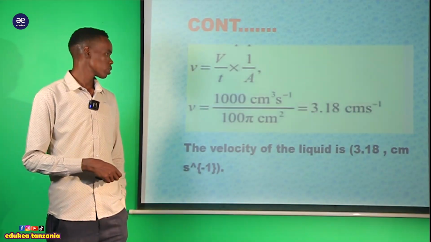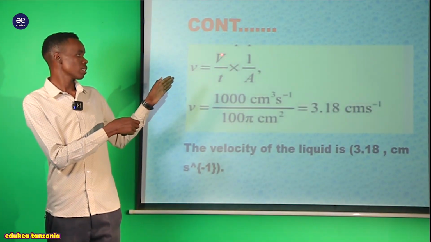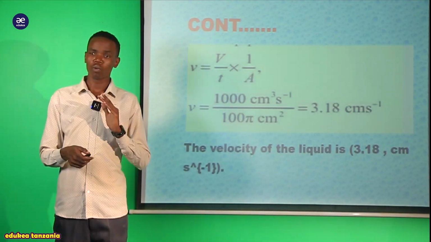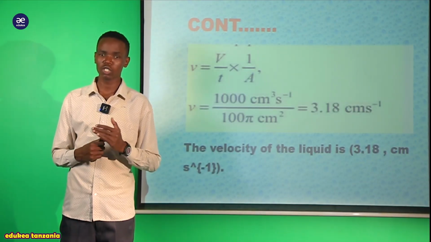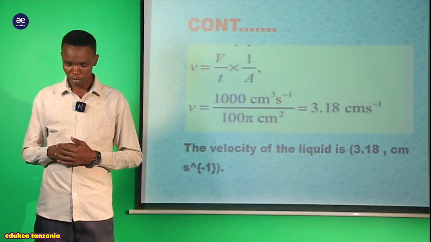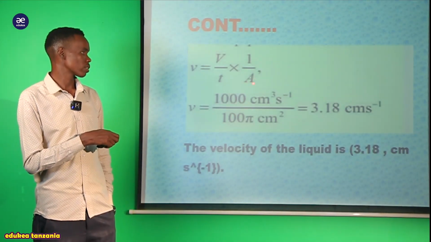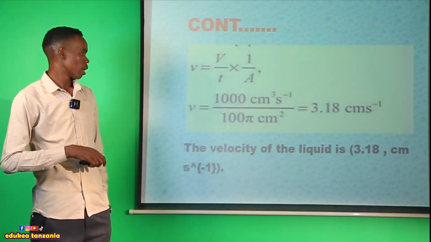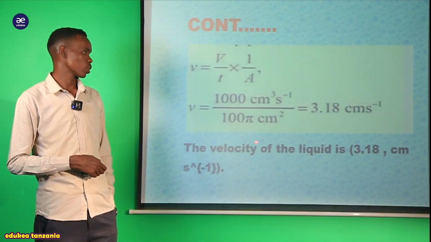Now if we substitute here, in the place of the rate of flow of volume we put 1000 centimeter cube per second, and in the place of the cross-section area, let us put its own value, which is equal to 100 pi centimeter square.